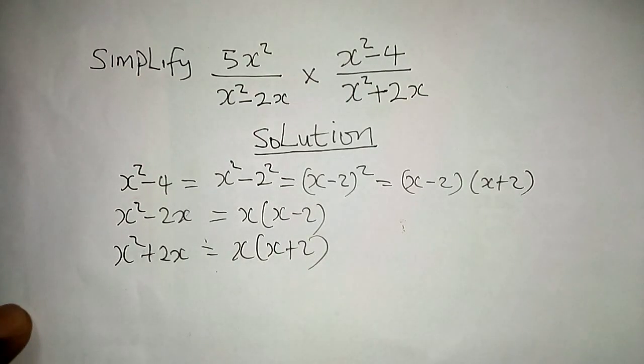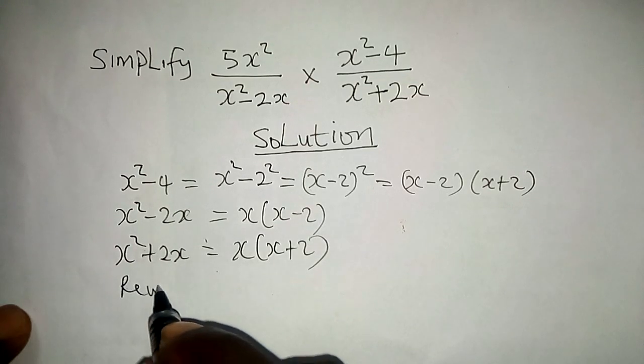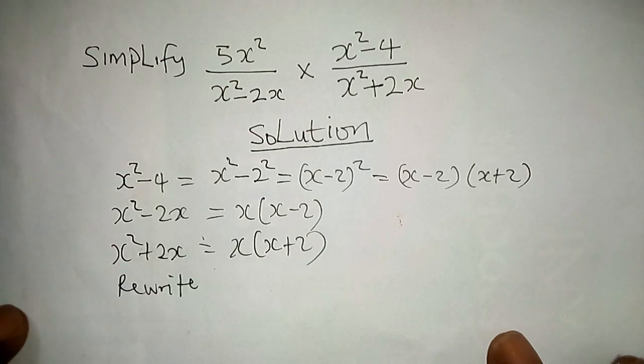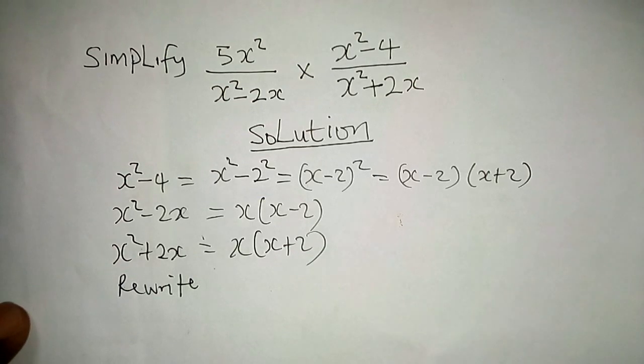All right, so we can now rewrite the question using our new findings. What we have factorized is what we are going to use in place of the original question.